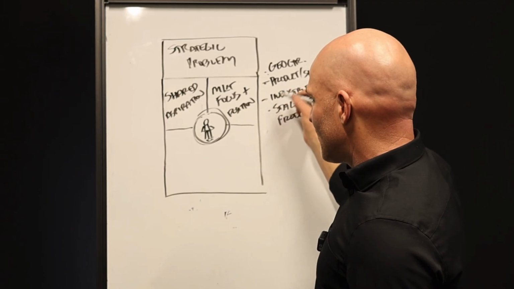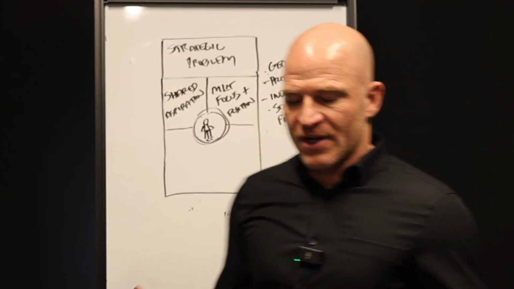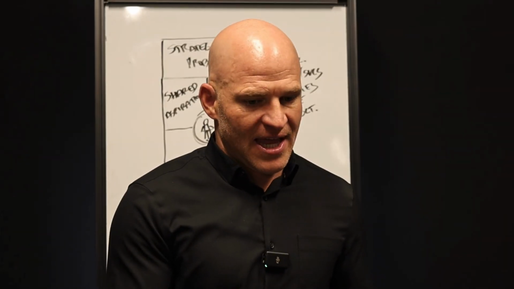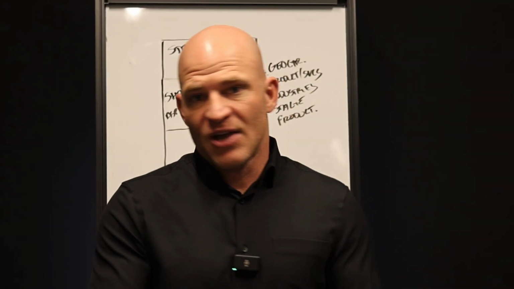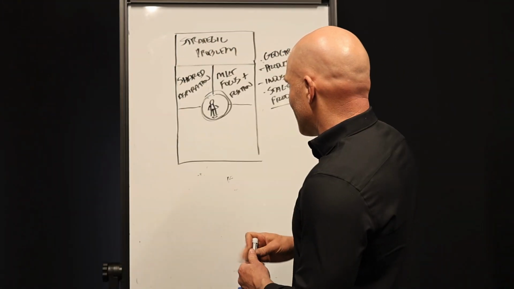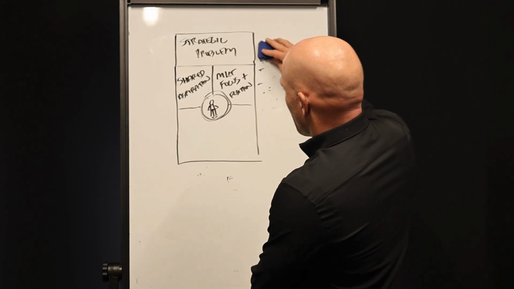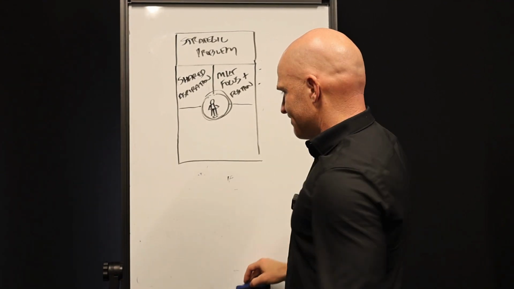Think about the industries you're gonna serve, and then the stage of production is essentially where are you gonna start? Are you gonna get raw materials and produce your product from raw materials, or are you gonna have somebody else produce it and you're just gonna white label it? That's stage of production. So all those things you have to consider, and all of that is a part of market focus and position.